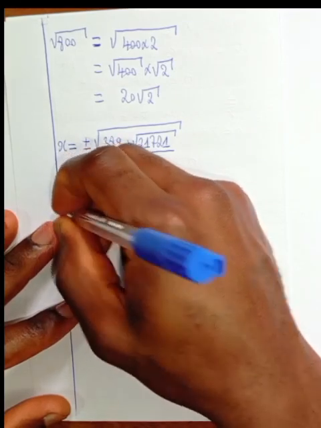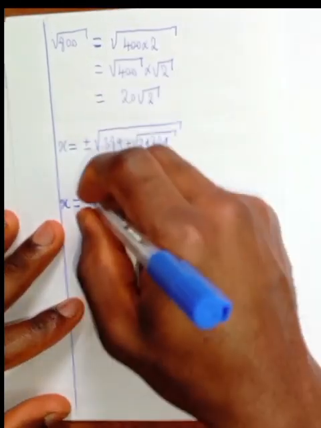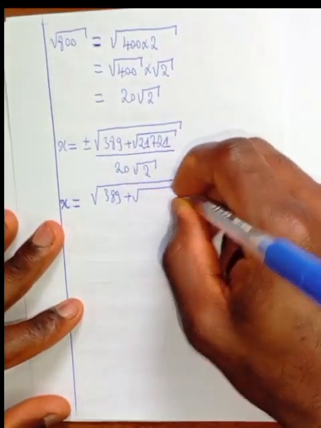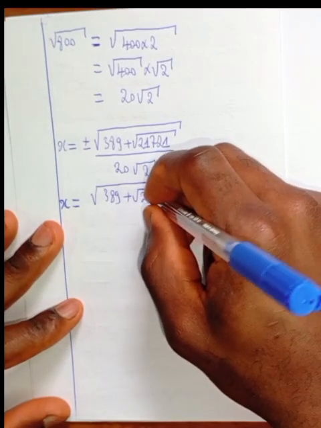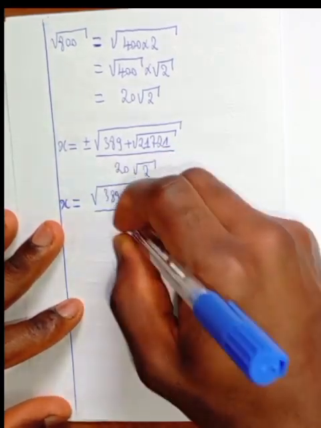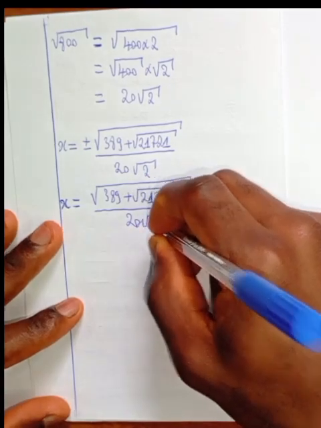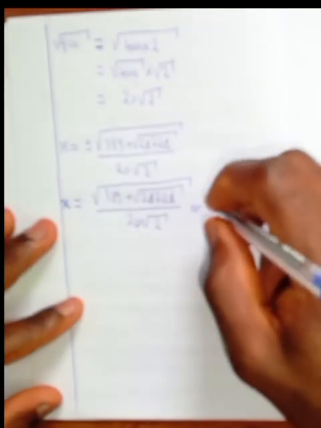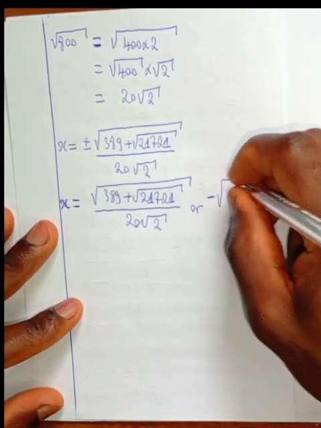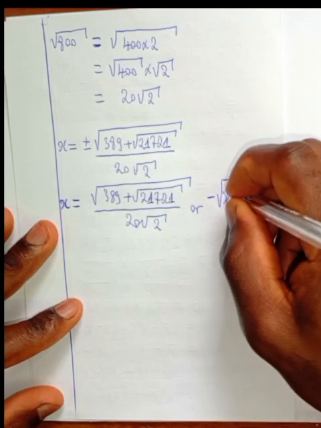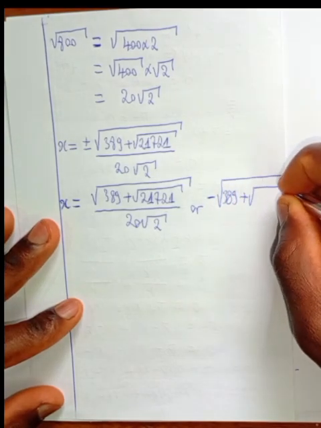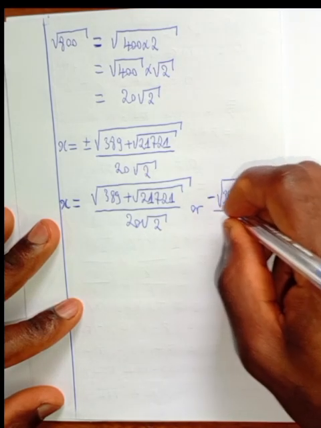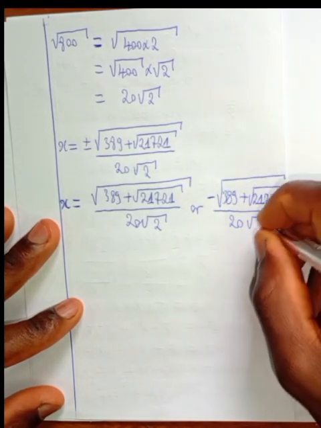So this will give us here x will be equal to, for the first solution, consider the positive case, the root of 389 plus root 21,721 all over 20 root 2, or x will be equal to, we consider the next case, which is negative the root of 389 plus root 21,721 all over 20 root 2.